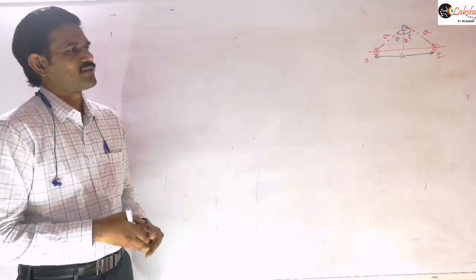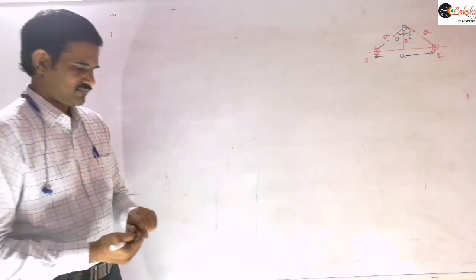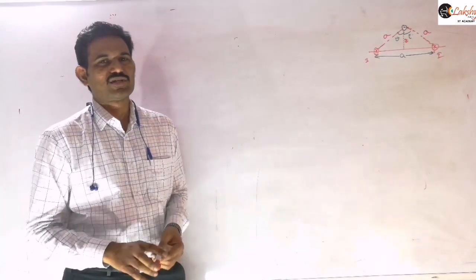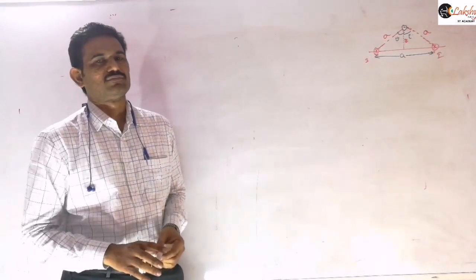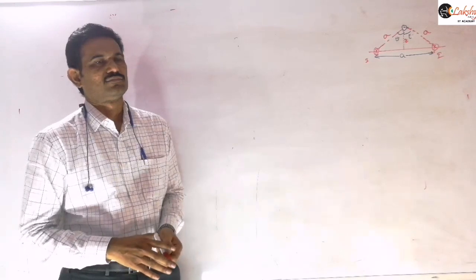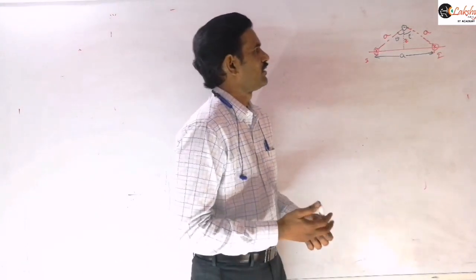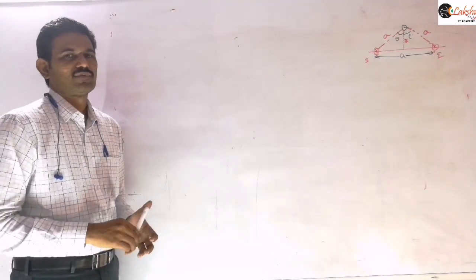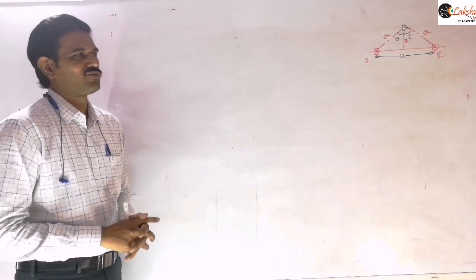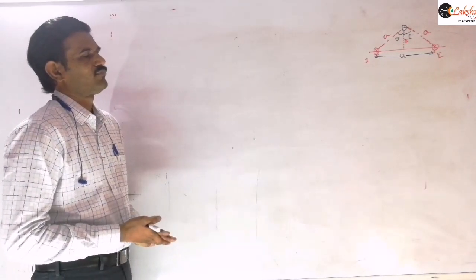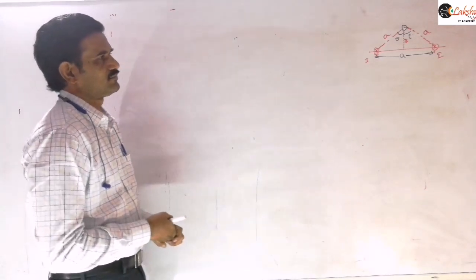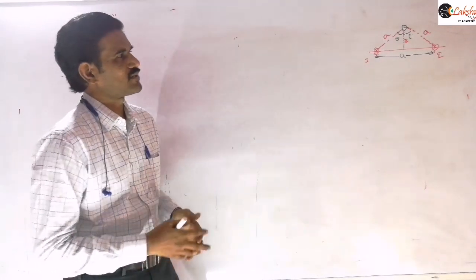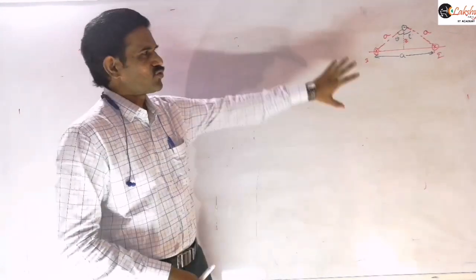This wire carries the same amount of current but in the opposite direction. If this wire remains in equilibrium, then find the linear mass density of this wire, right? So that will be the diagram here.